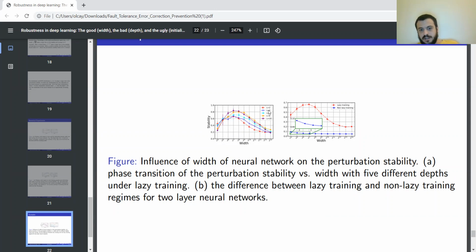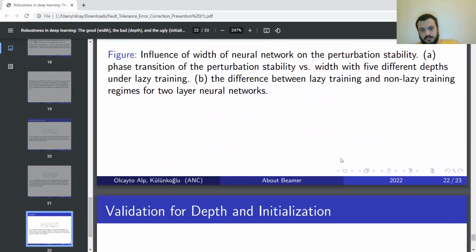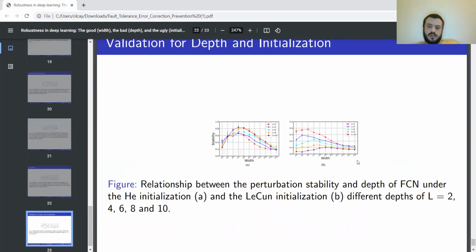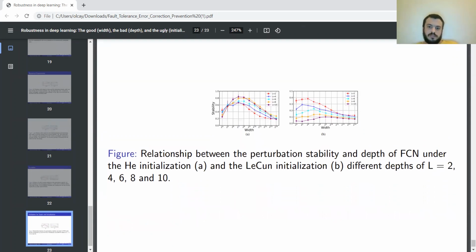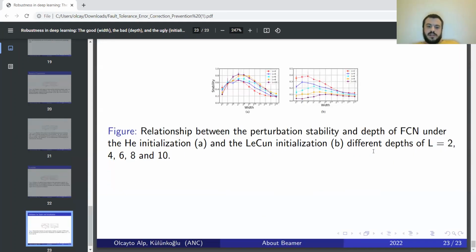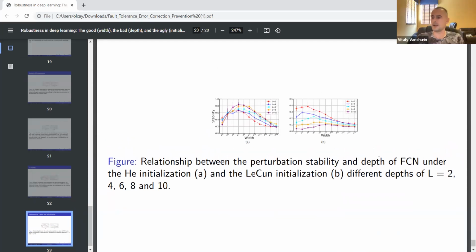You can see that as width increases, the robustness increases. Okay, so this is it. Thanks. Thank you.